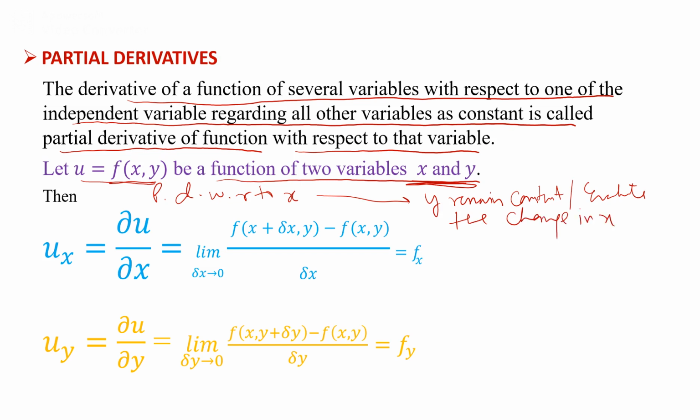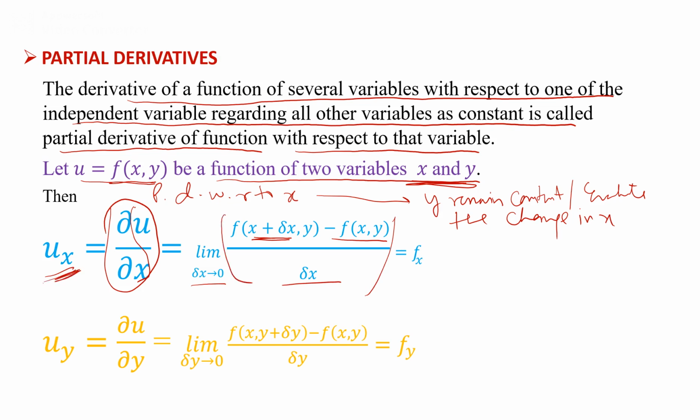So we write del u upon del x, or sometimes we write u suffix x, which is the limit as del x tends to 0 of f(x plus del x, y) minus f(x, y) divided by del x. So here we are just evaluating the change in x.